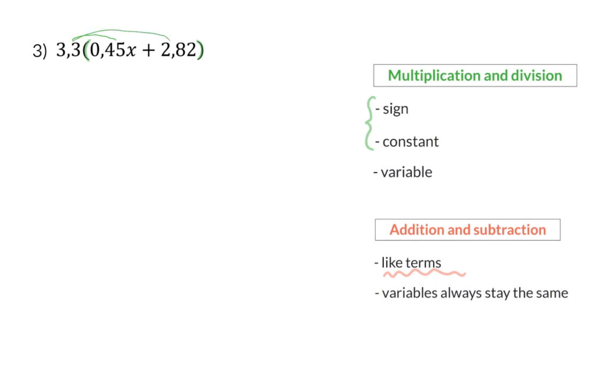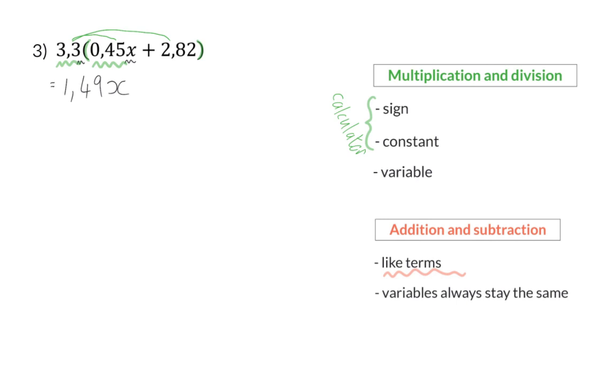I'm going to start off multiplying 3,3 by 0,45. And remember, this you can do on your calculator, and that will give me a rounded value of 1,49. And then remember, when you multiply, you need to determine the variable. So here we have 0 x's multiplied by 1x, so in total we have 1x.